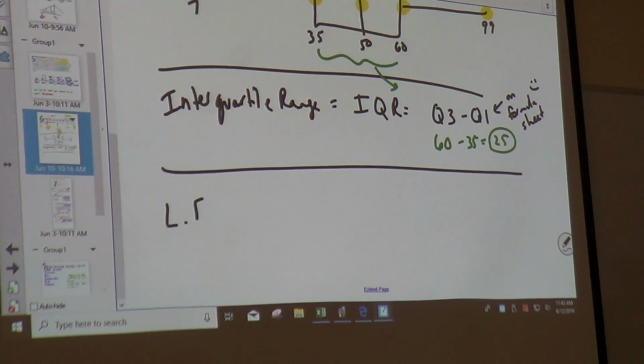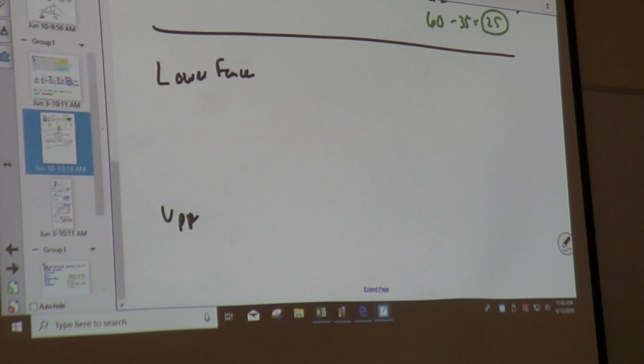All right, now we're going to talk about lower fence and upper fence. Write it out.